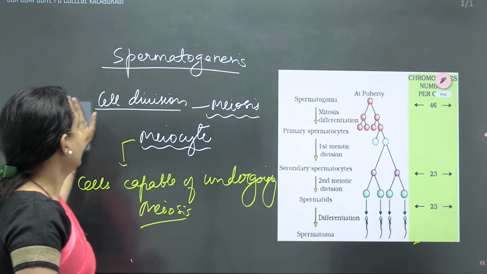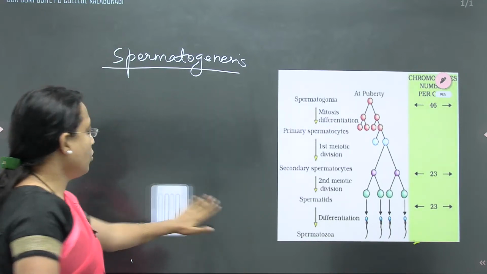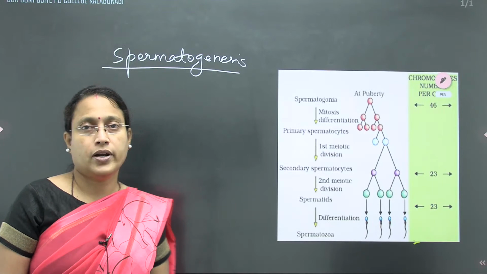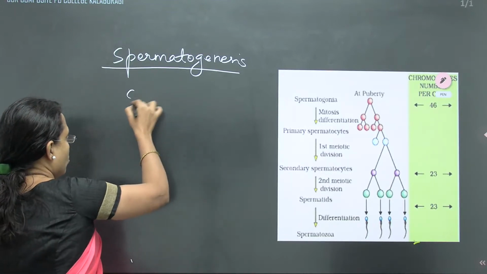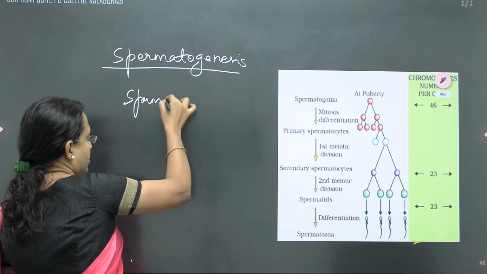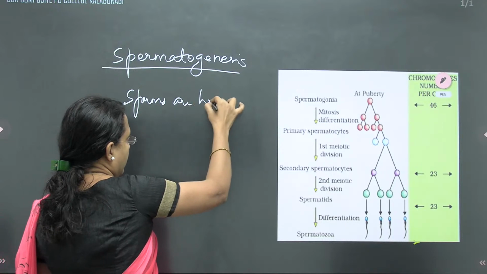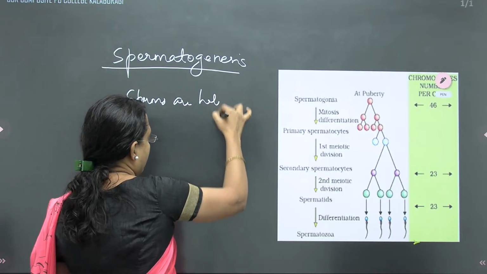Now remember, meiosis produces haploid cells. You should also know that sperms are haploid.